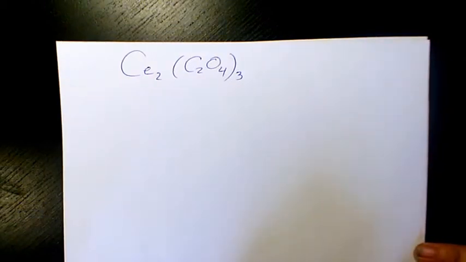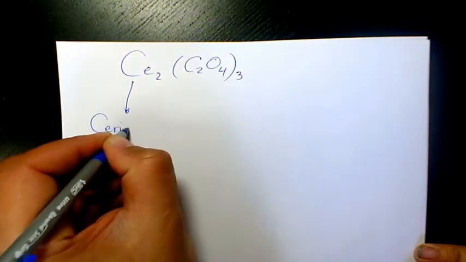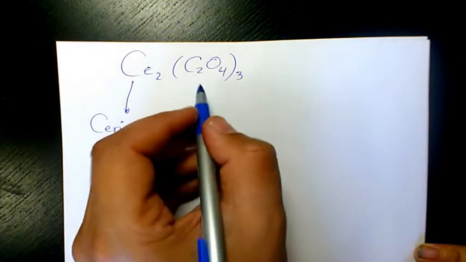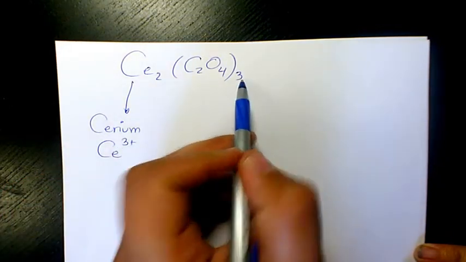Welcome to another video. In this video I want to name Ce2(C2O4)3 and then find out the molar mass. So here we are dealing with Ce, which is cerium, or Ce3+, because we have 3 in here.